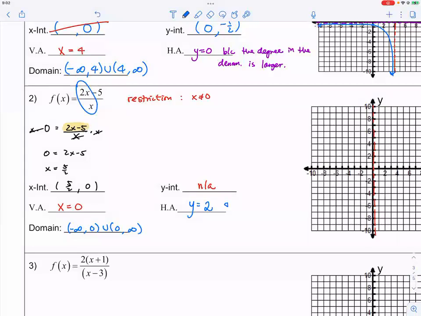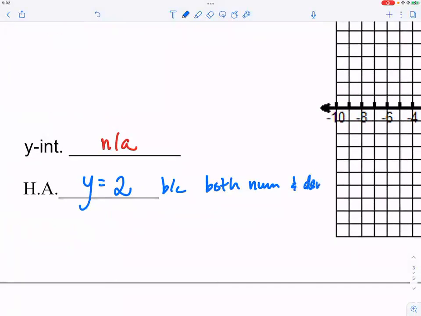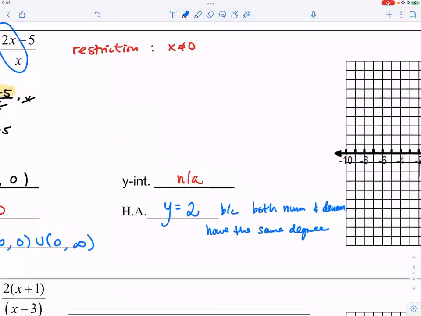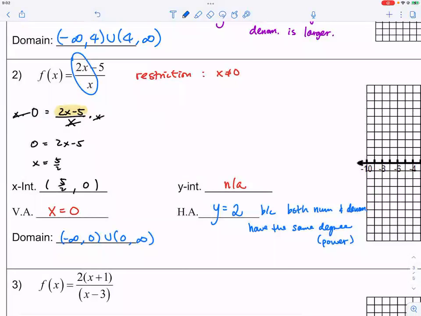And that's because both numerator and denominator have the same degree, or same power. Make sure you write down the reason to justify at this early stage. In the future, we just need you to write down the equation for the asymptotes, but for the moment, I would like you to write it down so that you have a little reference for yourself.